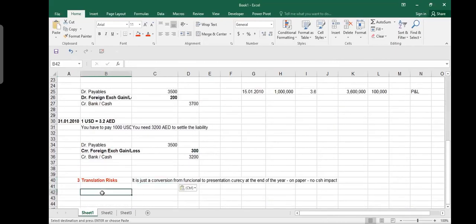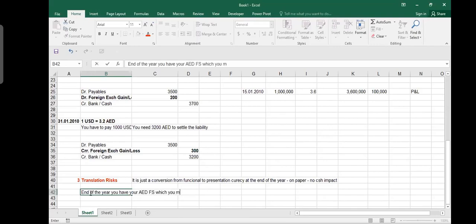Translation risk means that come 31st December, you have your financial statements, which you must translate into USD. You are not going to make payment to anyone. You are just translating it from one language to another. Language means from one currency to another currency.